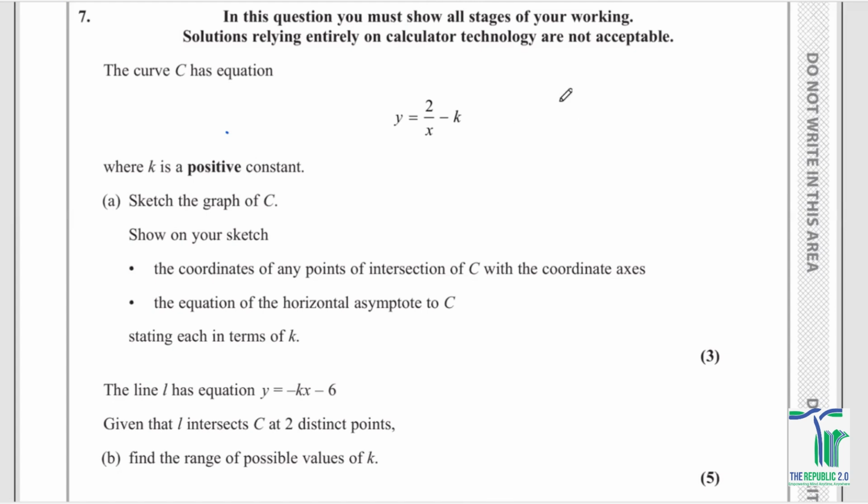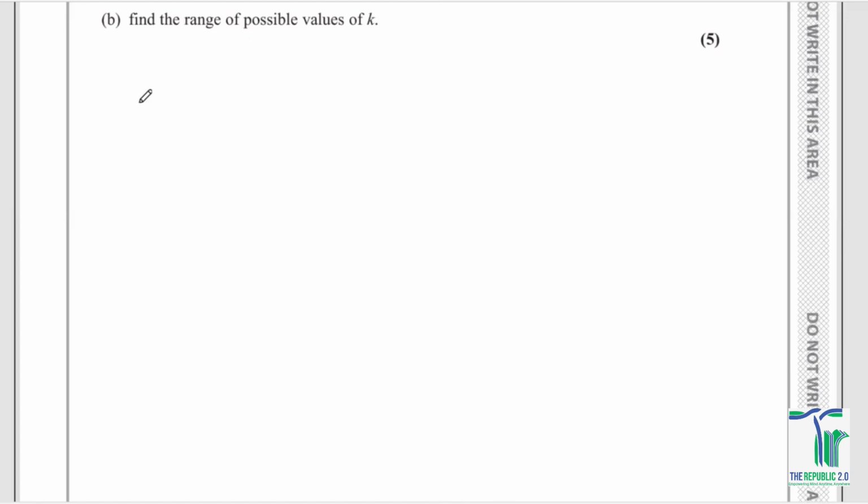So you would be having, for example, if you look for the coordinate axis, all you need to do is, given the curve, y is equals to 2 upon x minus k, right? So you just need to plug in the value of y as 0 to get yourself the x-intercept.